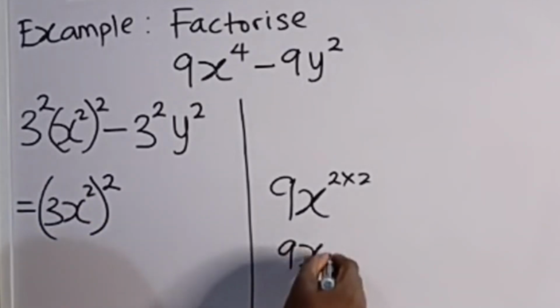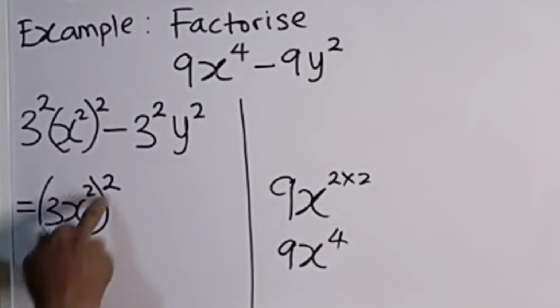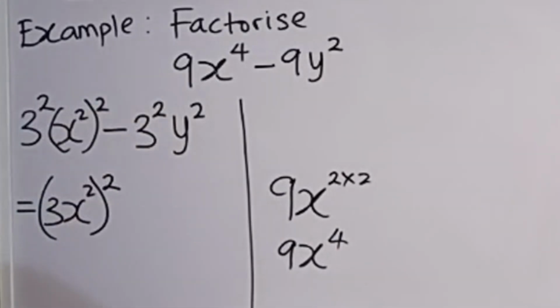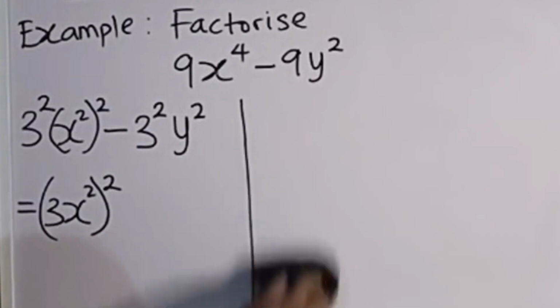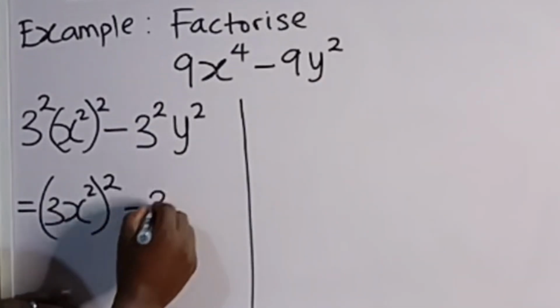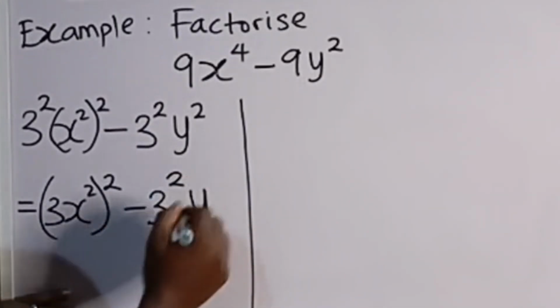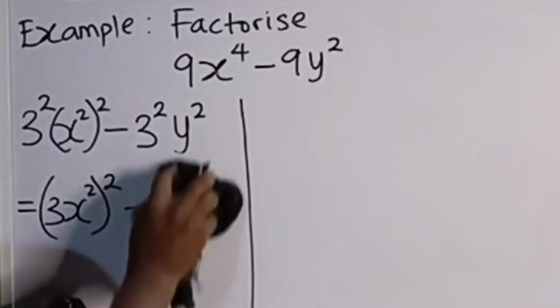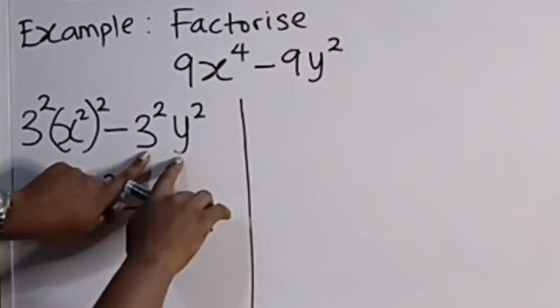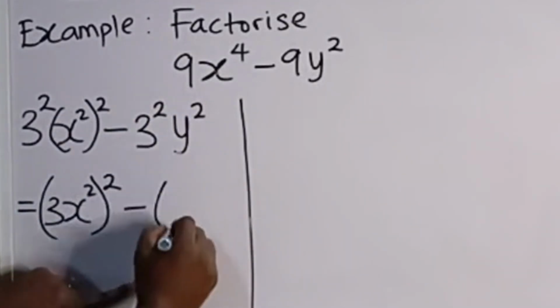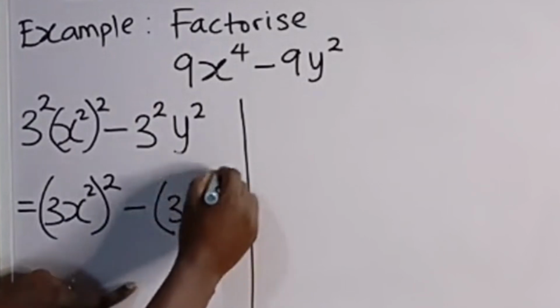So 9x to the fourth power. So this is the same thing as this, okay? So we haven't done anything different. So minus 3 squared y, since both of them have parentheses, so we'll bring them inside, all squared.